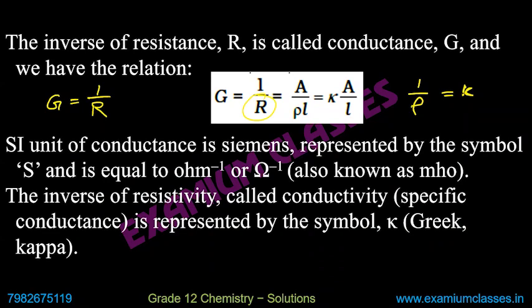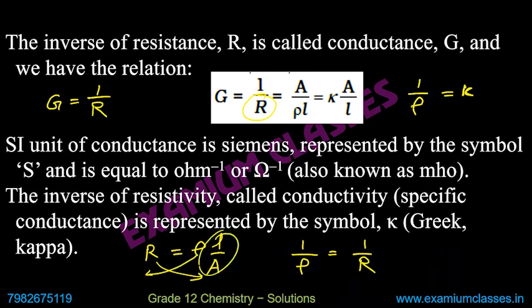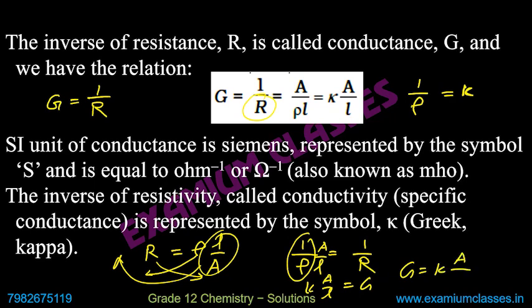So if you remember R equals rho L by A, you can write 1 by rho equals 1 by R times A by L. 1 by rho is kappa, 1 by R is G. It means G equals kappa A by L.